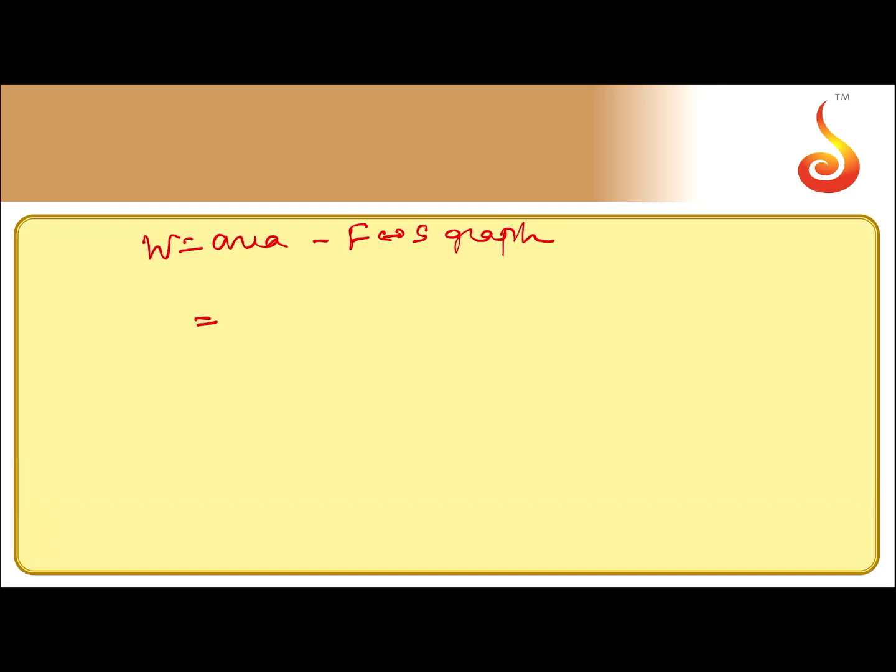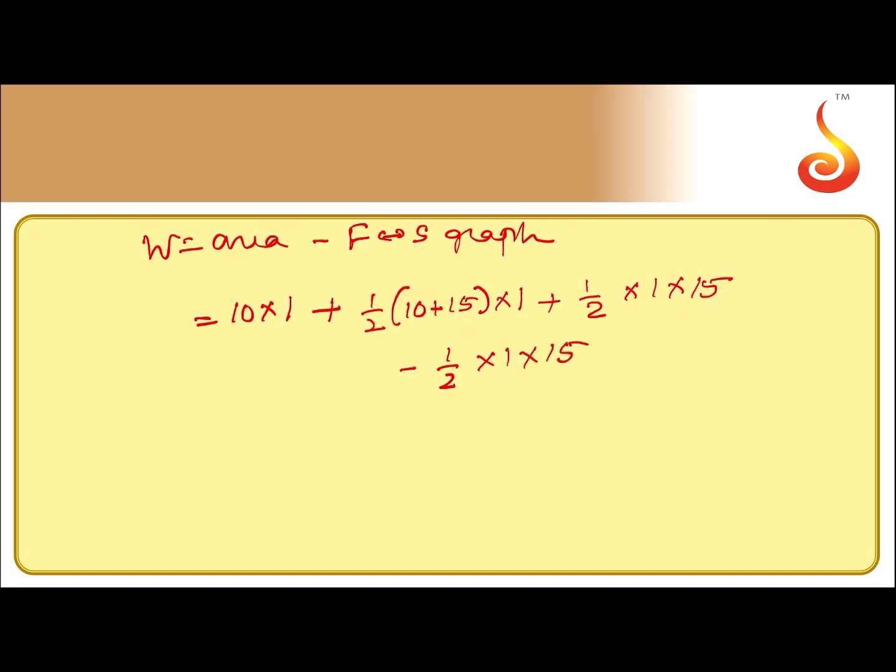So clearly, what is that equal to? For the first part, it's a rectangle of sides 10 and 1, so 10 into 1, plus this is a trapezium, so its area is half into 10 plus 15 into 1, plus it's a triangle, half into 1 into 15, and finally the last part is a triangle, minus half into 1 into 15.